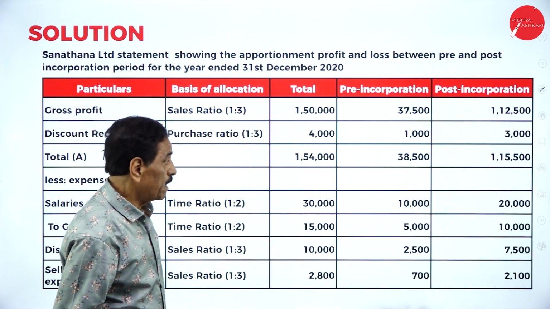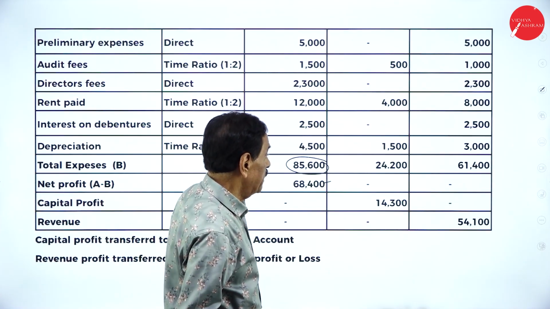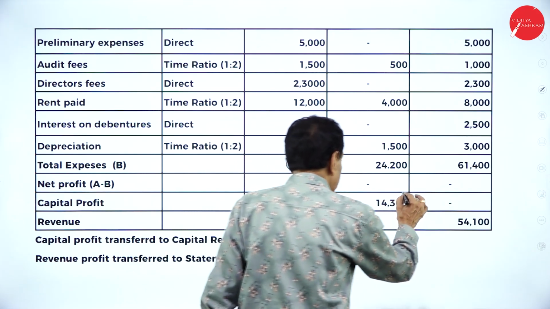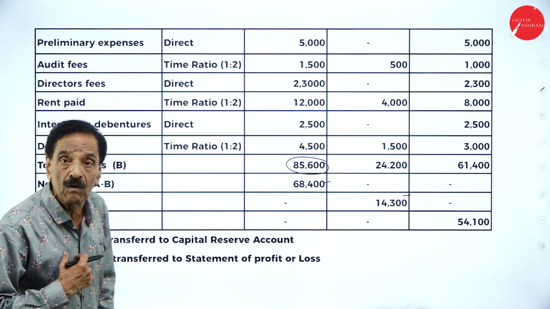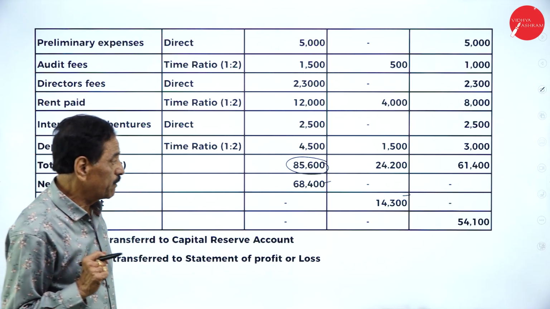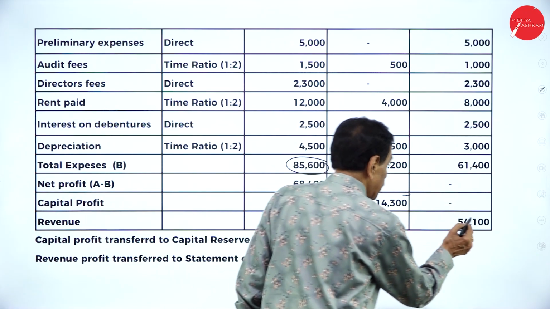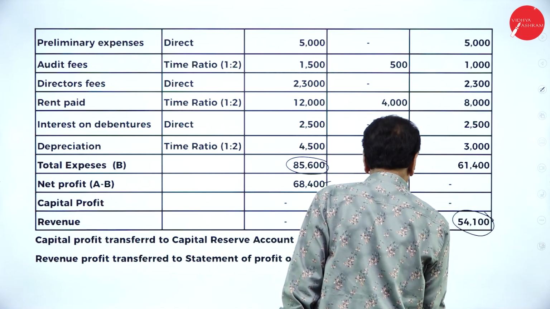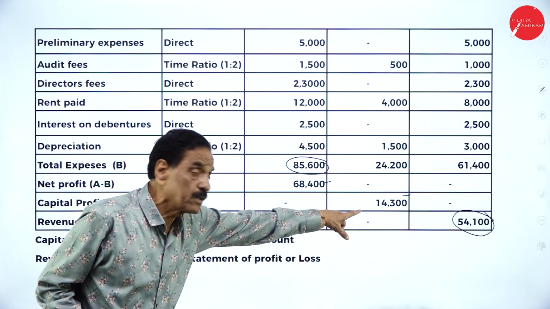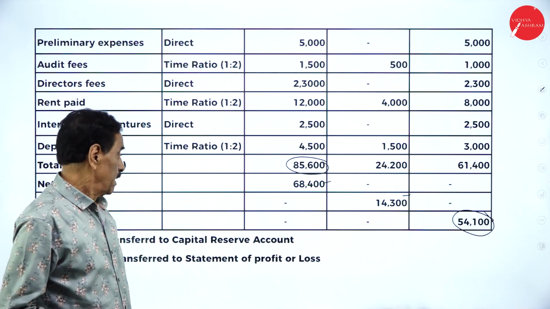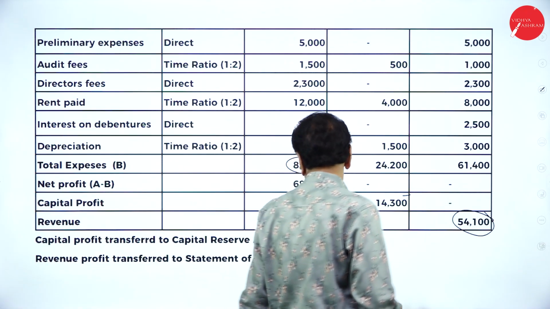Then pre-incorporation 38,500 minus 24,500 gives 14,000. Whatever the profit earned in the pre-incorporation period we call capital profit. Whatever the profit in the post-incorporation period is called revenue profit. I have given a note also.